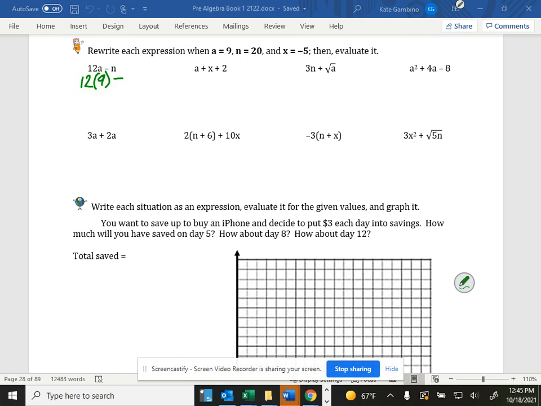Minus n, and n is 20. So now I'm going to do the order of operations. Remember PEMDAS. So I'm going to multiply. 12 times 9 is 108 minus 20. Now I'm going to subtract 108 minus 20.